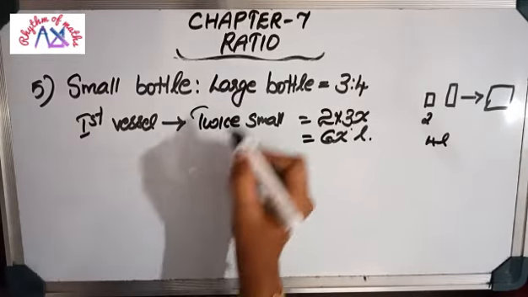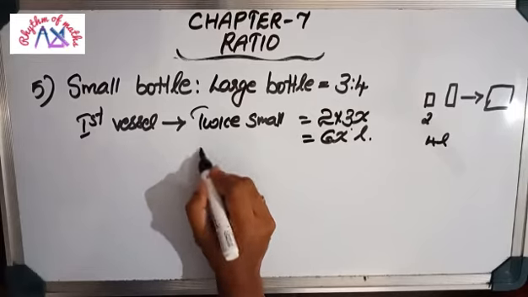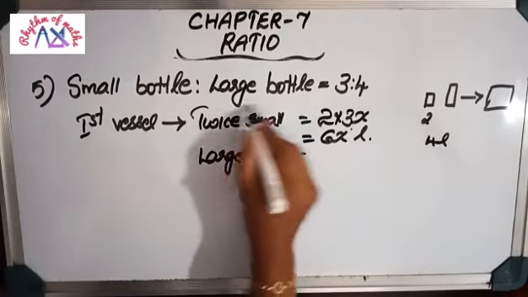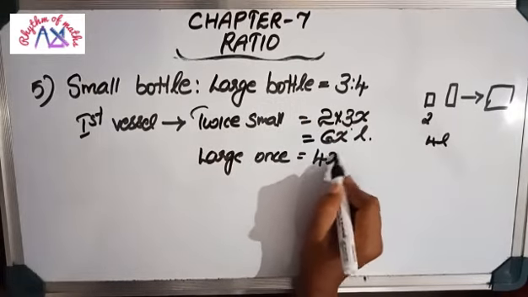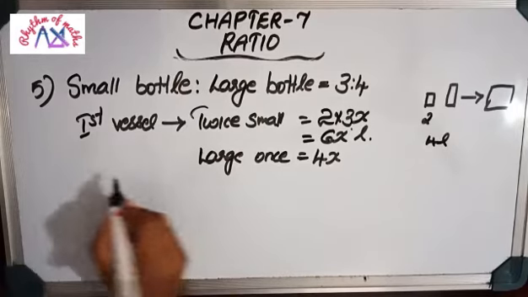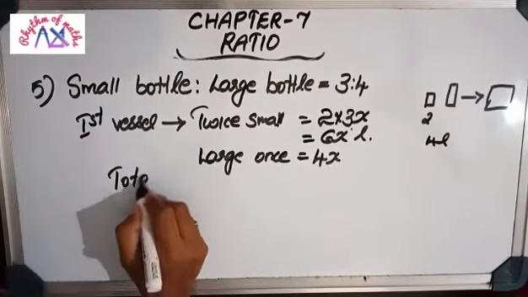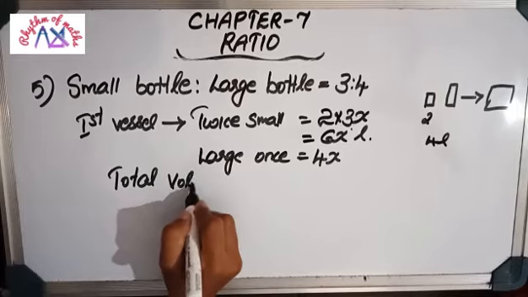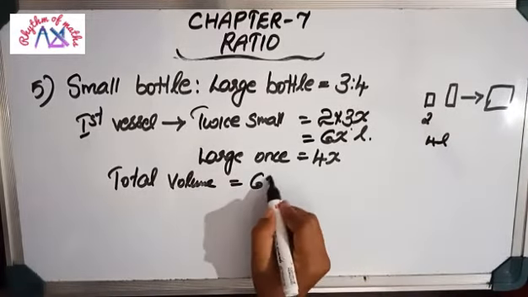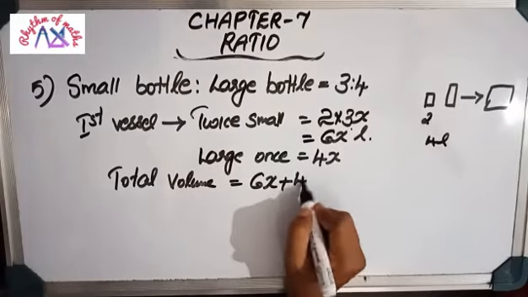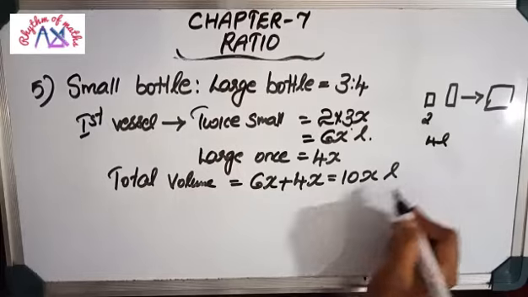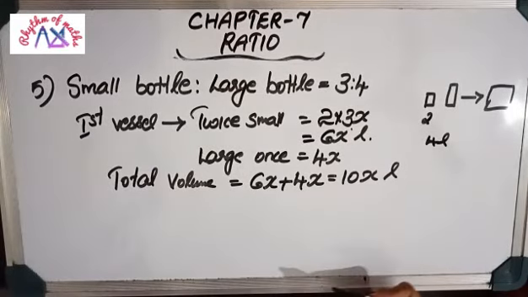Now the large bottle, only once. So large bottle quantity is 4x. Only once means 4x into 1, that is 4x itself. So the total volume in that large vessel will be 6x plus 4x. So total is 6 plus 4, 10x. 10x liter is there in the first vessel.